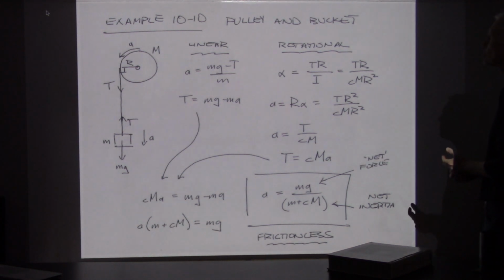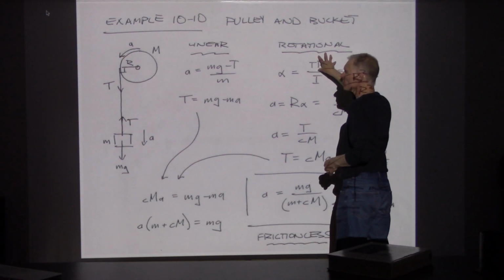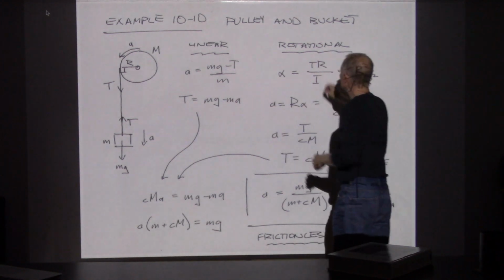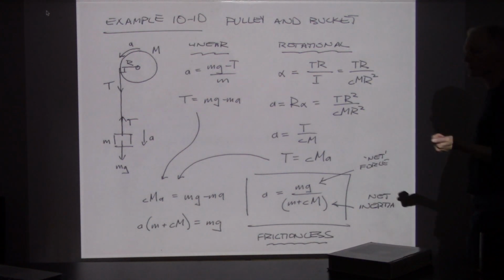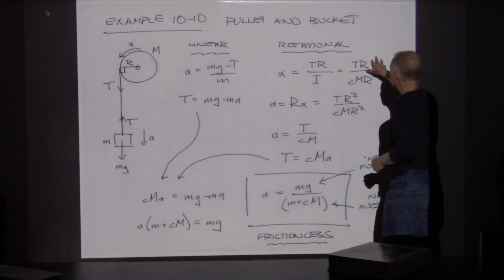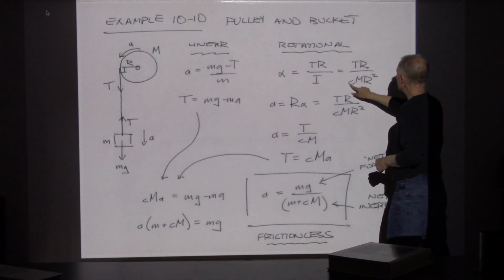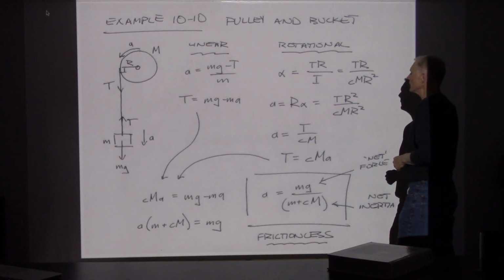I thought, let's just look at a frictionless setup and see how it works. So the only torque that we have is T times R. It's the force of tension with a lever distance of R. And so here's the torque divided through by the rotational inertia. I'm going to use that shape factor approach, so I put C m R squared in the denominator.